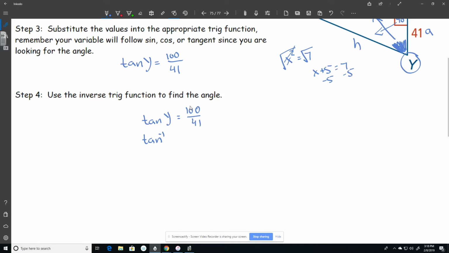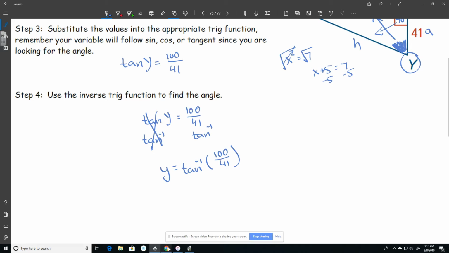So if I do that to the left and I take the tangent of -1 on the right, these go away because they cancel each other out. And all I'm left with is a y on this side, which is what I want. And on this side, I'm taking the inverse tangent of whatever's on that side, 100 divided by 41.